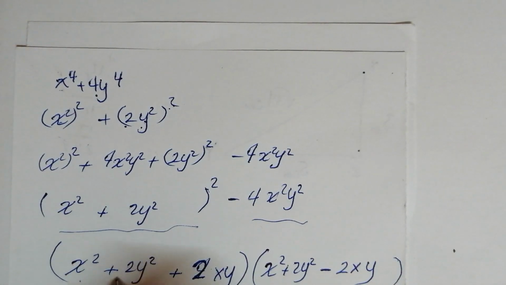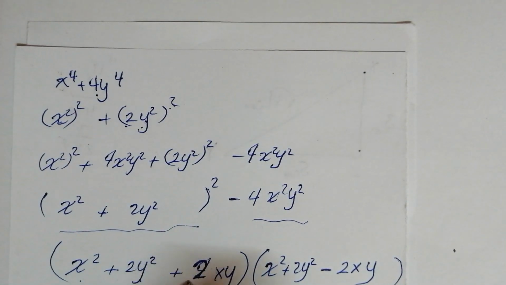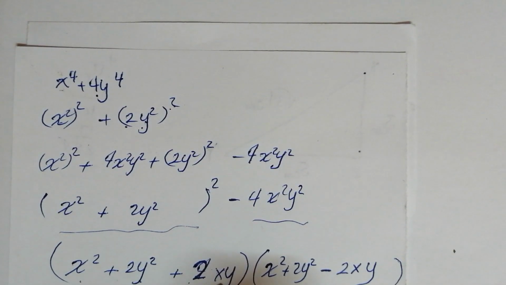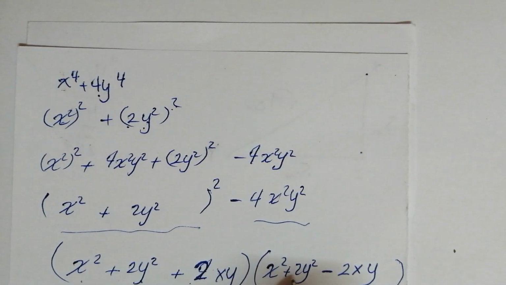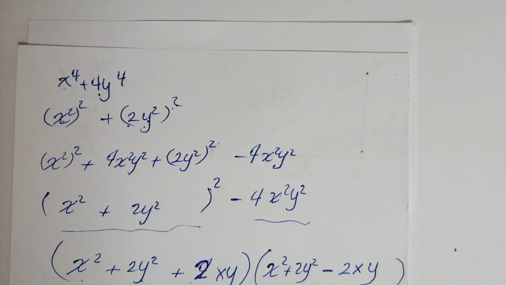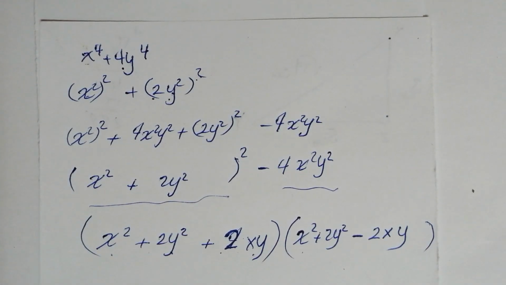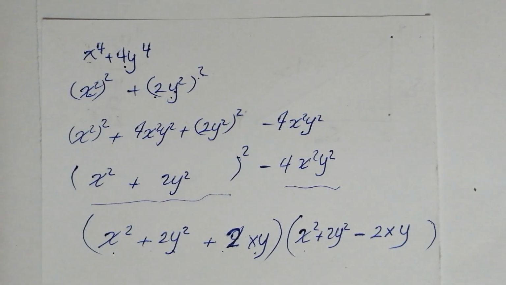So x squared plus 2y squared plus 2xy, multiplied by x squared plus 2y squared minus 2xy. So again, another one.